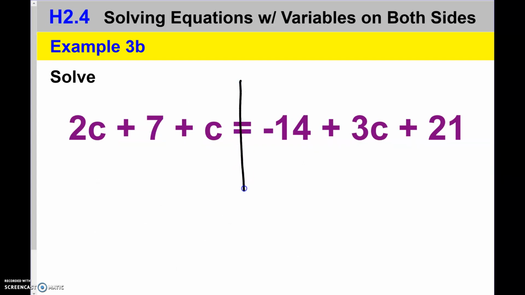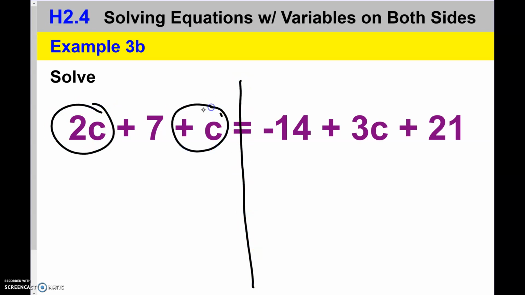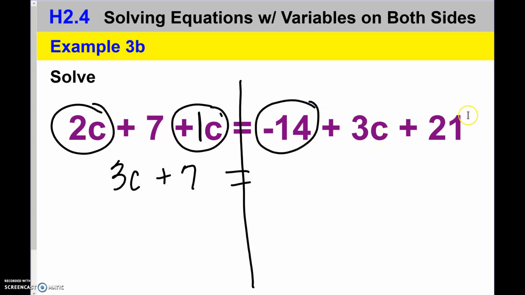All right, let's try another one. Whew, long one again. Okay, so this 2c and c are on the same side. 2c plus c is 3c, so we get 3c plus 7. All right, negative 14, that's a c and a 21. So we have 21 minus 14 is 7 plus 3c. So some of you right now can see, even though the order is different, remember we have that commutative property where we can switch them.